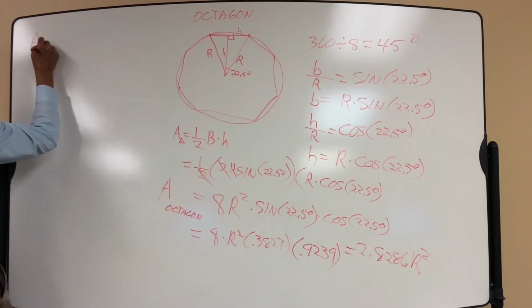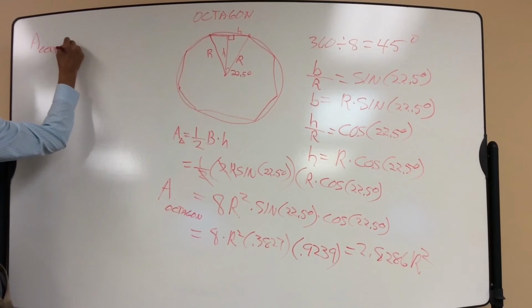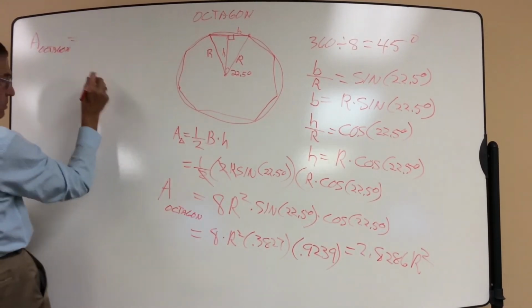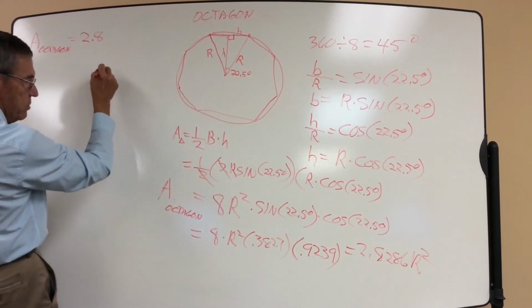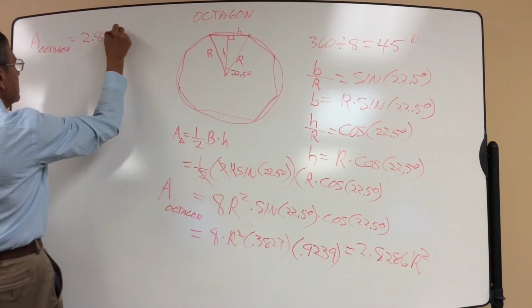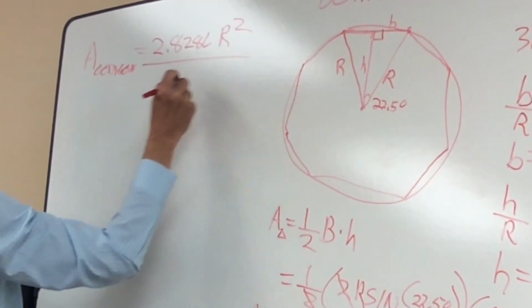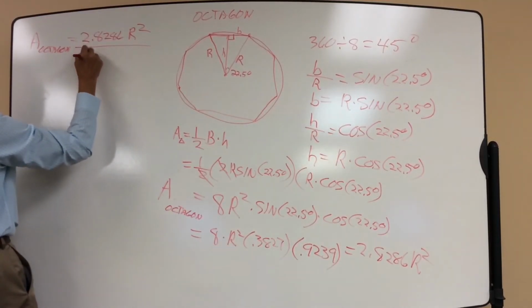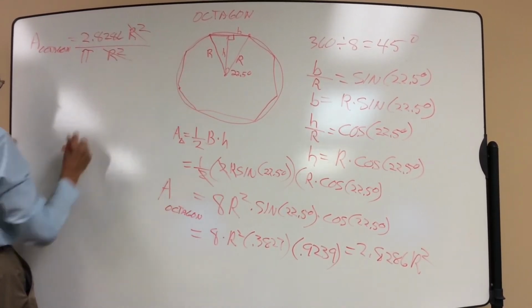Okay, let's finish the calculation. Area of the octagon is equal to that number there, 2.8286 times r squared. We're sort of used to this now. This will be pi r squared. R squared cancel.